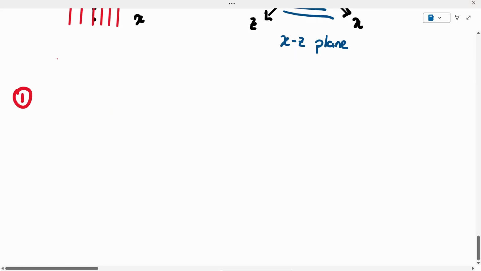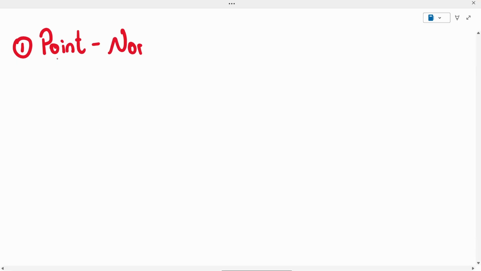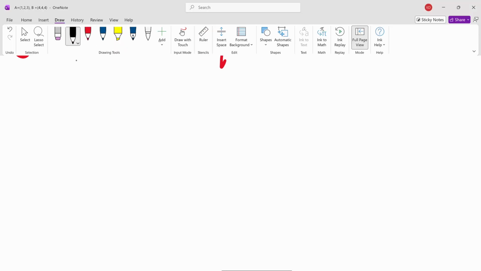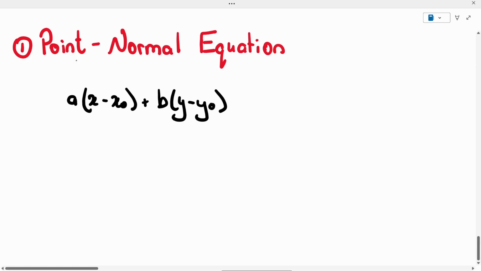So the first and easiest way to find the equation of a plane is what you call the point normal, meaning you get a point on the plane, and a normal, meaning a perpendicular vector to the plane. So the point normal equation for a plane is just this: a(x minus x0) plus b(y minus y0) plus c(z minus z0).